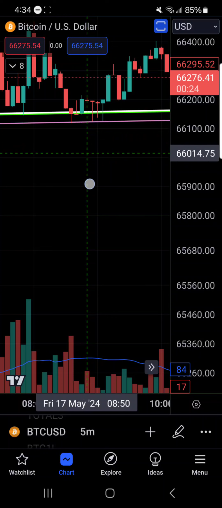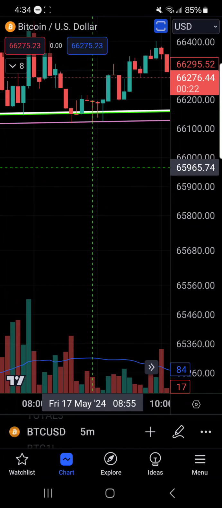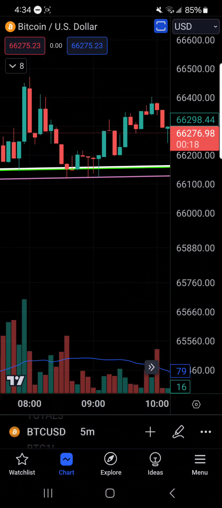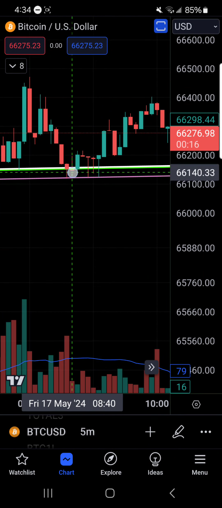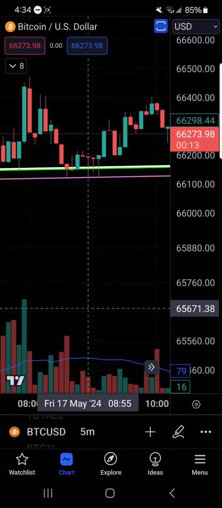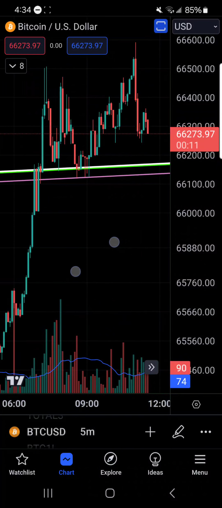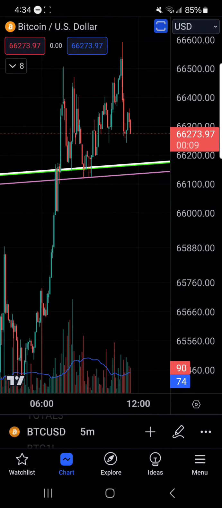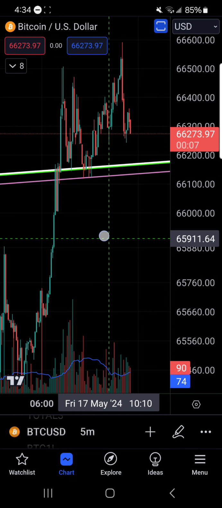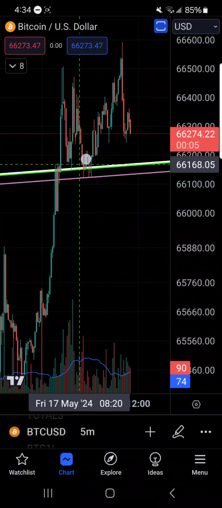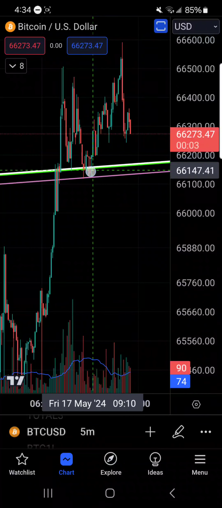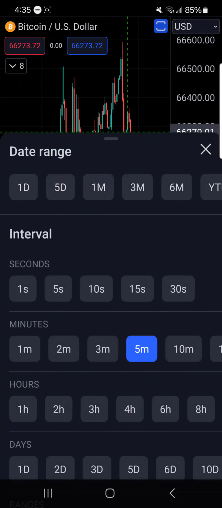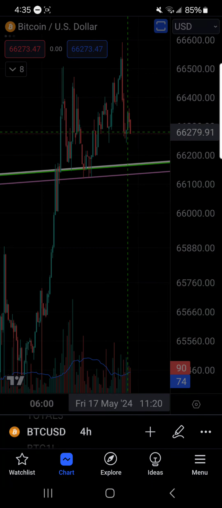It was so funny. I'm like, damn, either this is a really, really smart move, or it's just gonna dump right here, and I should have waited. But I had faith. I was really confident that this line would hold, and thus far it is. And it looks like we're attempting to lift off of it there, so that's really great.